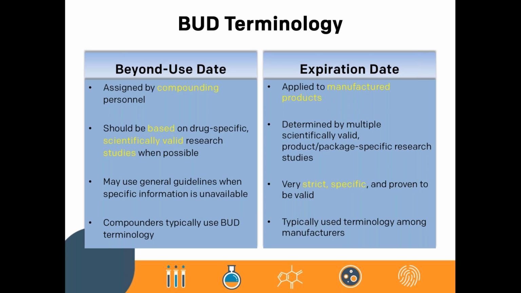They're based upon multiple scientifically valid studies. It's very strict, it's specific, and I also wanted to bring up that container closure is important. Container closure and formulation specificity is an important issue that we'll be discussing throughout the webinar today. But this slide is really just talking about the terminology in this context.